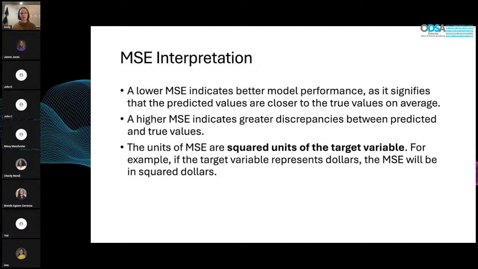A higher mean squared error indicates greater discrepancies between those predicted and true values. And the units of mean squared error, that's what we just talked about, are the squared units of the target variable. So they're not the actual units. So if it was in dollars, they're dollars squared. So if house prices, instead of being off by $10,000, it'd be $10,000 squared.